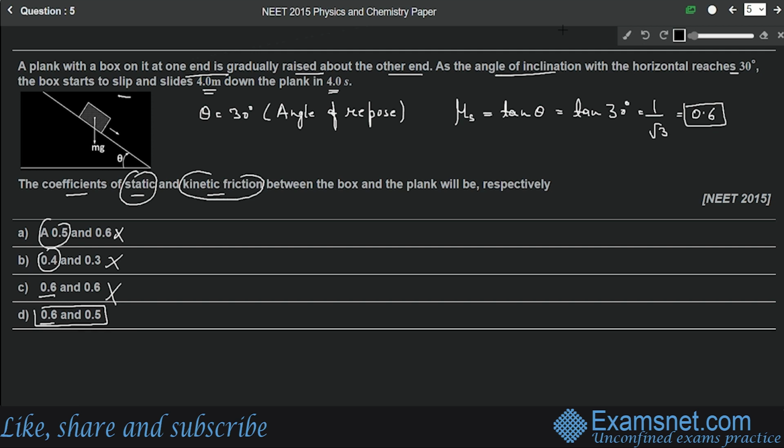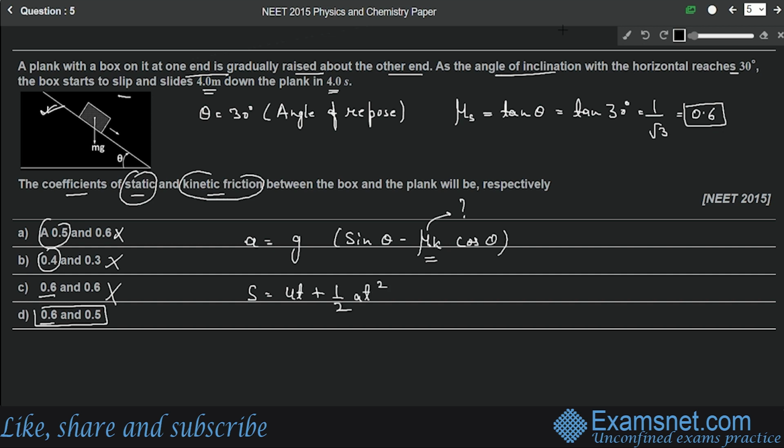Let's see how. So we know that in this kind of situation where the box or any body is sliding like this, the acceleration is constant. Okay, and that is given by the equation a equals g sin theta minus mu k cos theta, where mu k is the coefficient of kinetic friction. This we have to find out, right? So since the acceleration will be constant in this situation, we can apply the equation of motion s equals ut plus half at square.